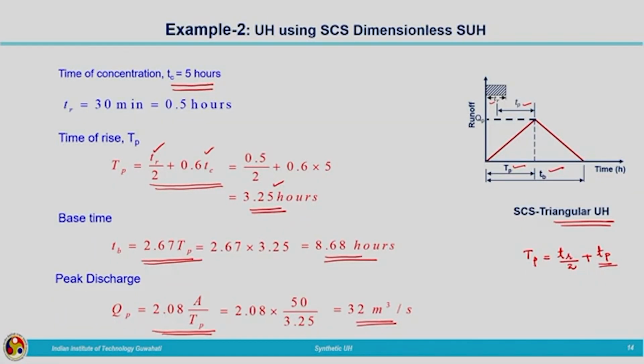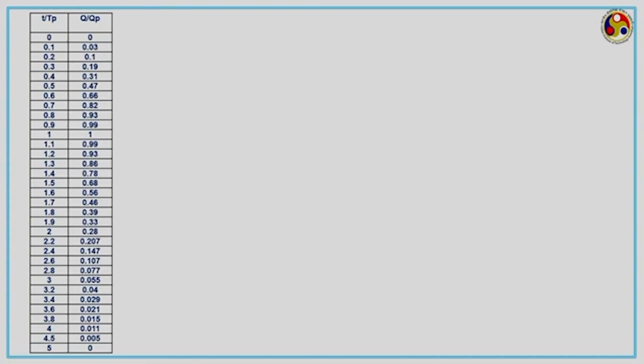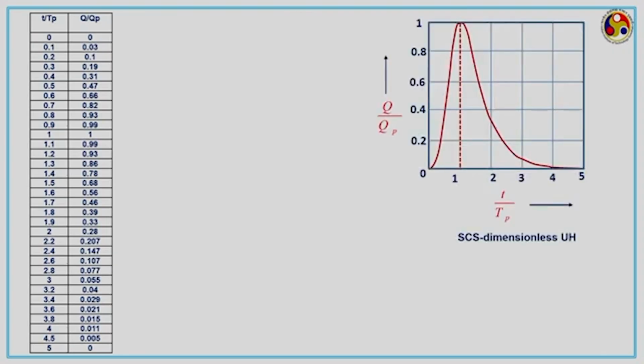Now, by making use of this data and the data from the SES dimensionless unit hydrograph, we need to derive the synthetic unit hydrograph. So, these are the data corresponding to the dimensionless synthetic unit hydrograph proposed by SES, and the SES dimensionless unit hydrograph is plotted over here.